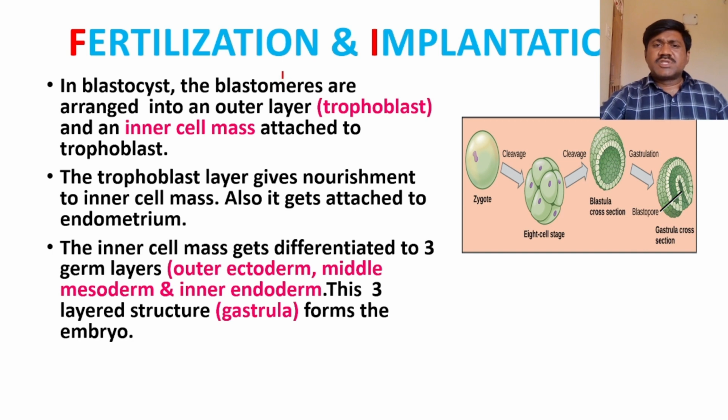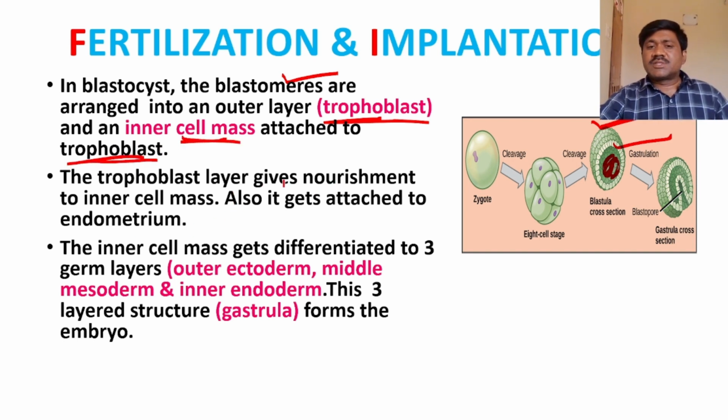In the blastocyst, the blastomeres are arranged. Look at this, this is the blastocyst or blastula cross section. This is the outermost layer, and inside there are a number of cells, the inner cell mass. So in the blastocyst, the blastomeres are arranged in an outer layer of trophoblast and an inner cell mass attached to the trophoblast.